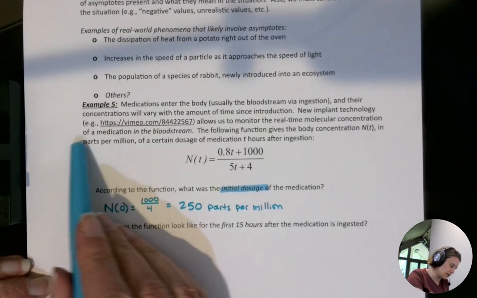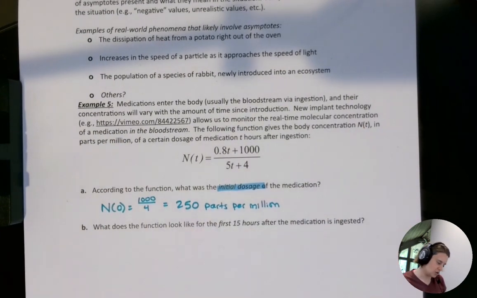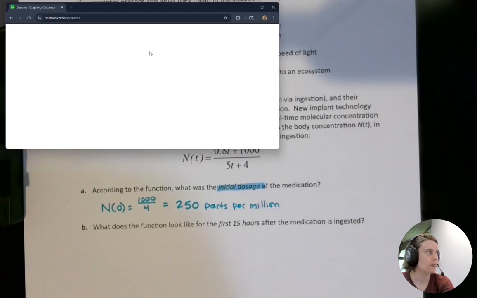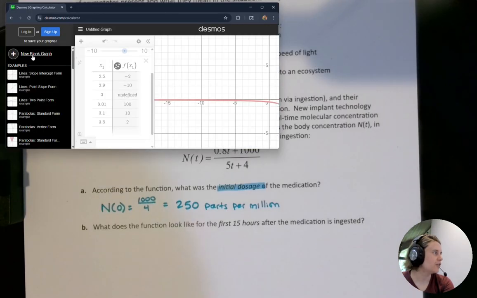Okay, that's just the units on that concentration there. What does this function look like for the first 15 hours after the medicine is ingested? So let's get our decimals graph up here. We clear this and enter this new function.